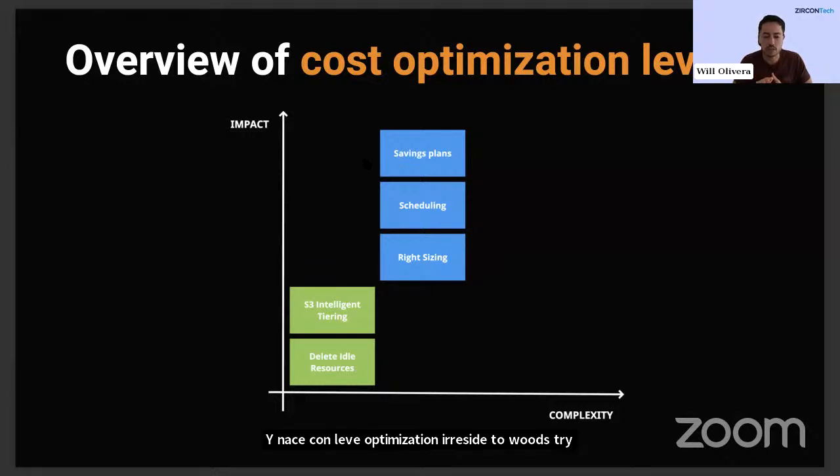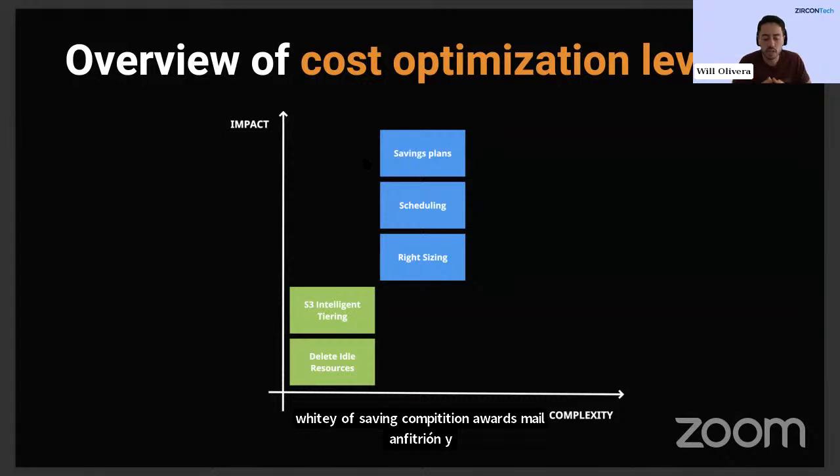The first one is called right sizing, where we change the current size or type of a certain resource to a more optimized or smaller version. The second item is about scheduling the execution time of our dev, test, QA resources with the idea of saving computational hours mainly. And finally, we have what's called savings plans, which is also an important feature. And we will talk about this shortly.